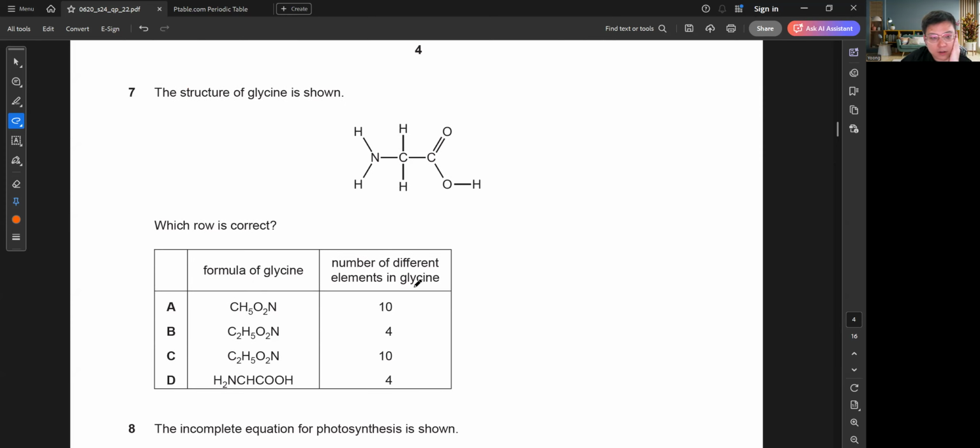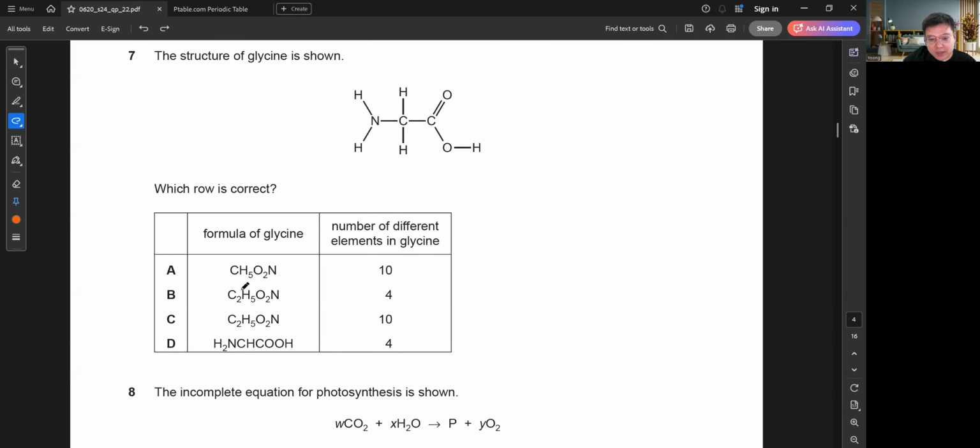Number 7, the structure of glycine is shown. So they drew it out for us, so no need to panic if you do not know. This is something that they just show us on the spot. So the chemical formula of glycine has 2 carbon, so it has to be C2.